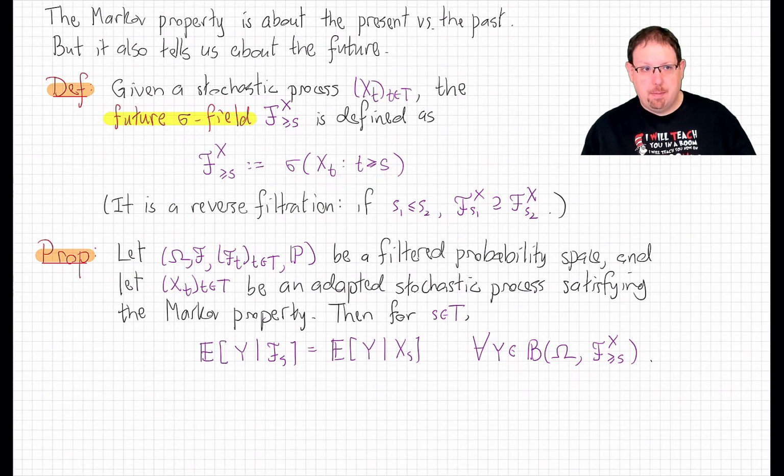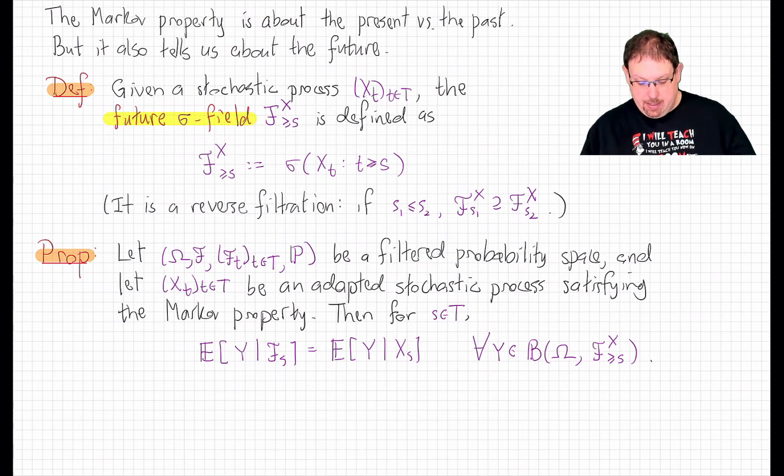The Markov property can be reformulated into what appears to be a stronger statement: not only does the present not depend on the past except through this instant, but also the whole future doesn't depend on the past except through this instant. So here's the formal statement of that.